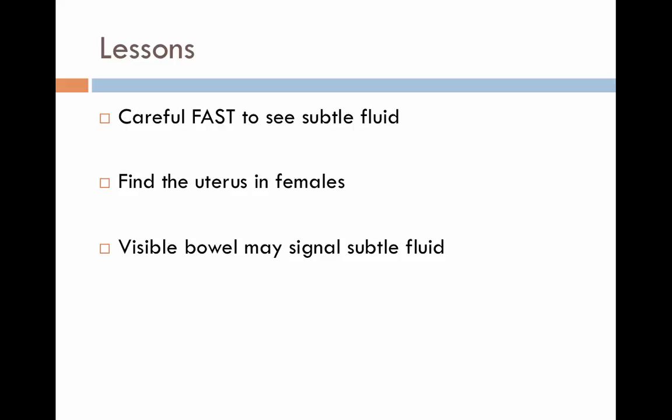And then one other thing, if you see outline of the intestines, that's probably because there's fluid there, making it easier to see. So look more closely. If you see bowel, there's probably fluid. And then take a look at the spleen. It's easy to see it in a couple of quick views, and look for that normal homogeneous crescent shape. If it's heterogeneous or too large, then that might be a clue that there's clot and other injuries around that spleen.